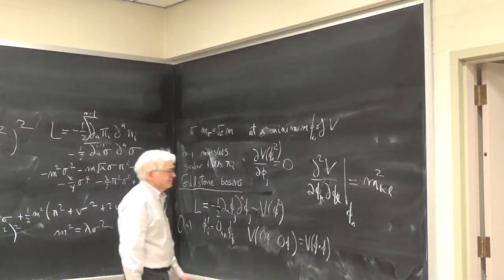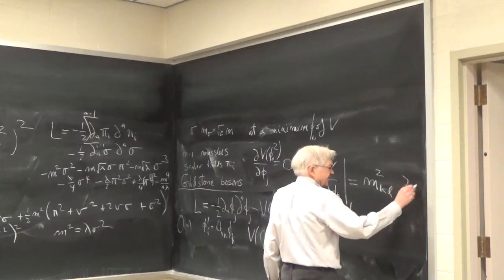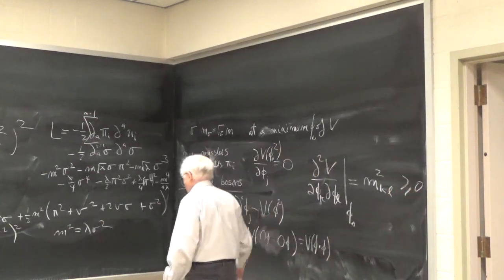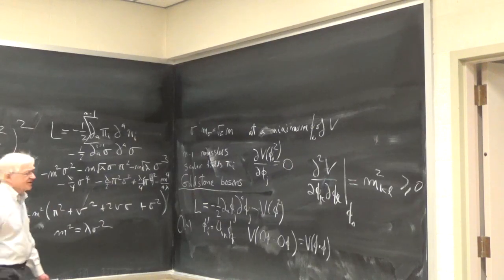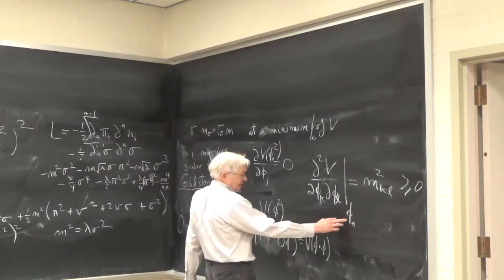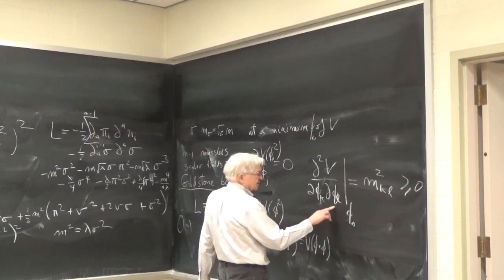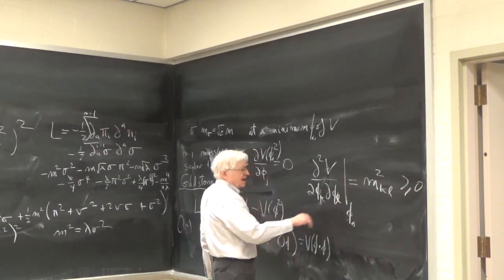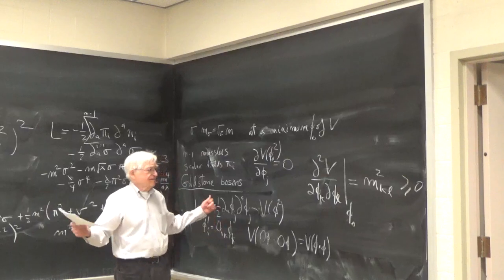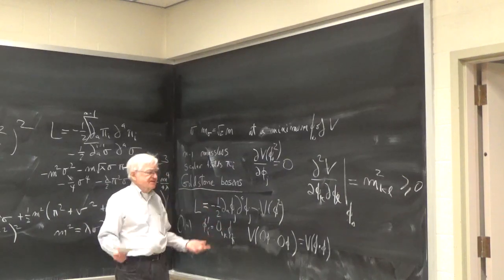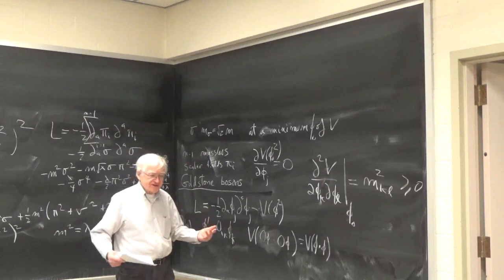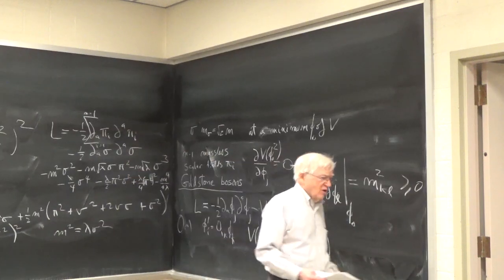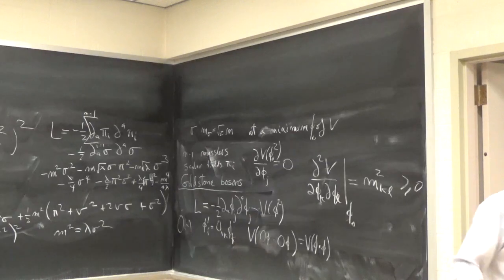So masses are non-negative. Why are the second derivatives at a minimum forming a positive definite n by n matrix? It's positive definite because you're at a minimum, and so a second derivative can be 0, or it can be positive, but it can't be negative.